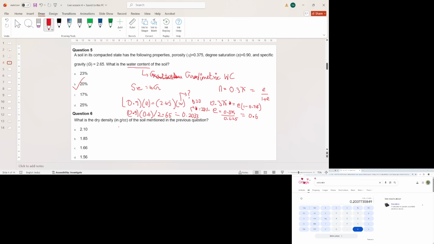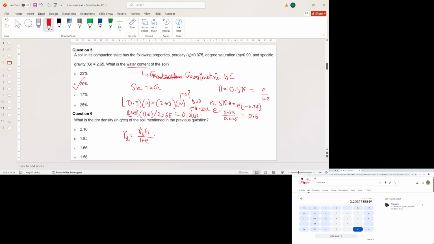Now the same question: what is the dry density of the soil mentioned in the previous question? Gamma d, we know that it is defined as gamma w G divided by 1 plus e. It's usually G plus Se; for dry density, saturation is going to be 0.